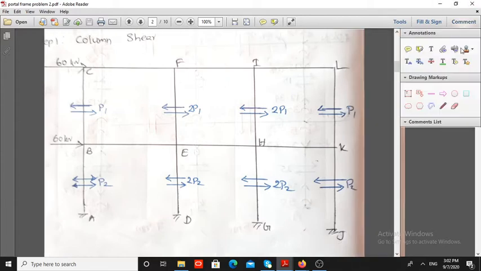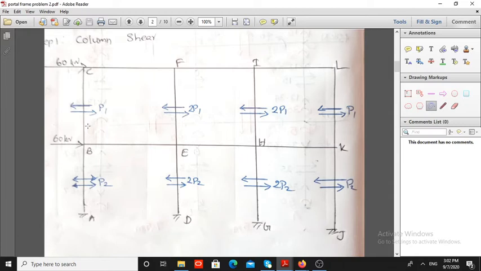For that, consider a section. In order to find P1, consider a section at the midpoint of the upper column and consider the upper portion, and apply equations of static equilibrium, that is sigma Fx equal to 0, implies 60 equal to P1 plus 2P1 plus 2P1 plus P1.